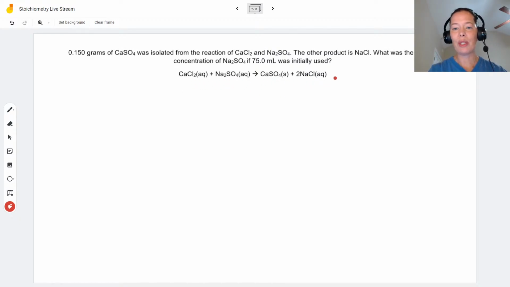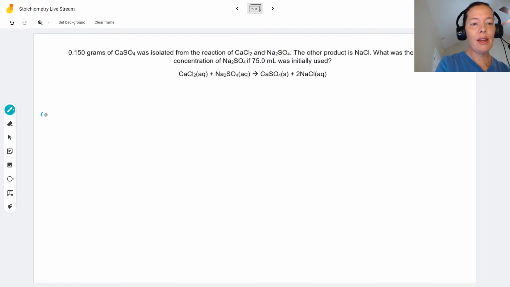So this is a precipitation reaction, which makes sense. So we obviously isolated our precipitate from this. Okay, but I digress. Let's start with what we were given. So we were given our 0.150 grams of precipitate, calcium sulfate.